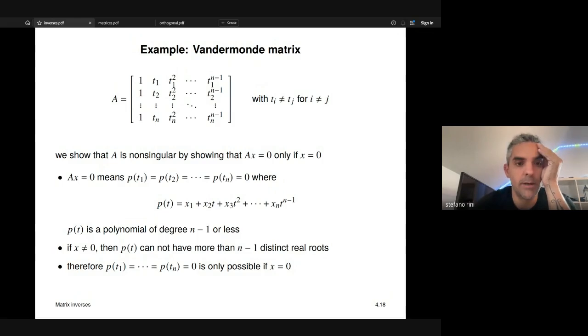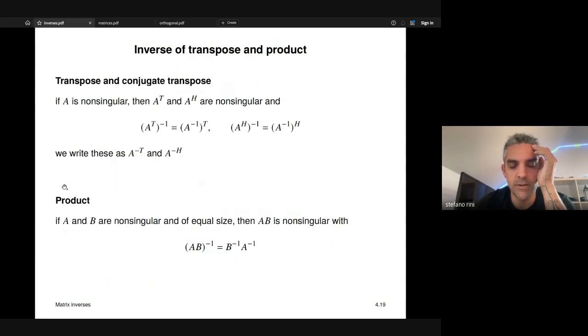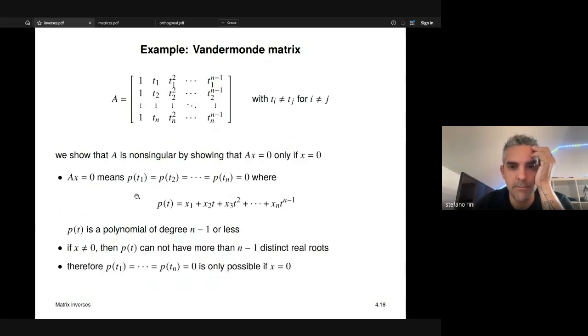And then we go back to our beloved Vandermonde matrix. The matrix is non-singular if AX equal to 0 if and only if X is equal to 0. So it means that AX means that we are evaluating the polynomial, right? And the polynomial at the points T1 to Tn has to be fully 0. So all these evaluations are 0, which means that they all must be roots of the polynomial.